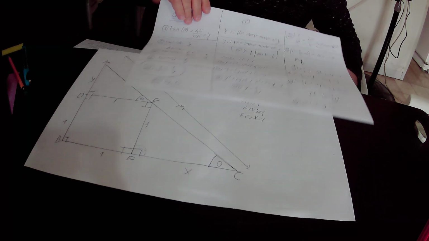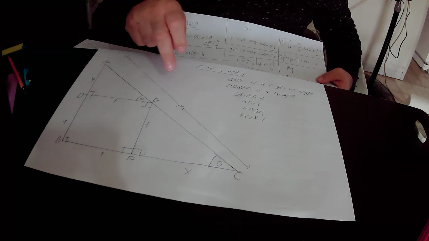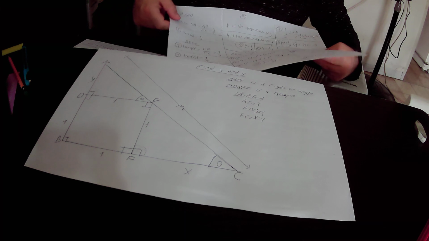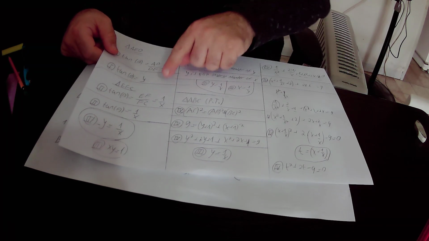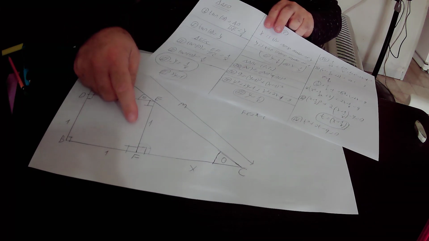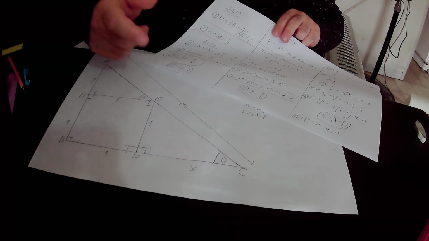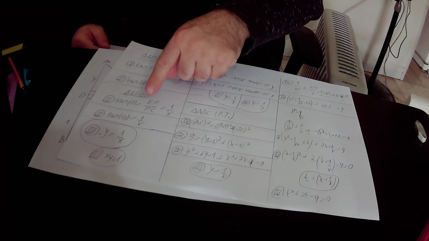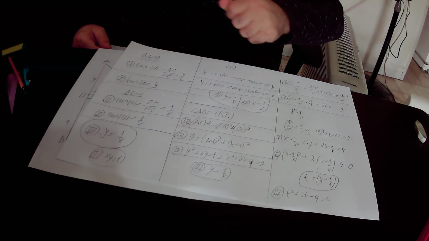Then we focus on the right triangle, triangle EFC. Here, tangent theta equals EF over FC. EF equals 1. FC equals x according to what is given in the question. So in conclusion, we found out that according to equation number 2, in triangle EFC, tangent theta equals 1 over x.